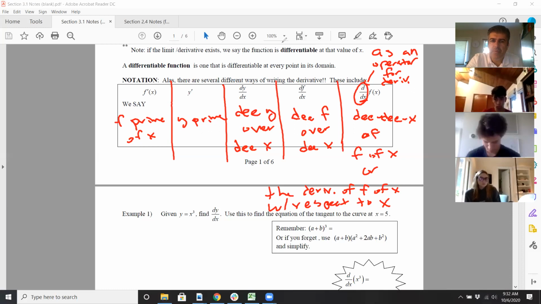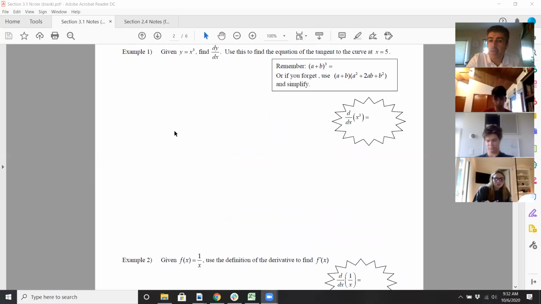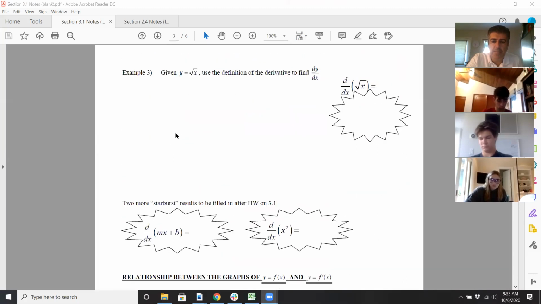Okay, so let's move on. Let's do an example now. We're going to do the same thing that we've done before in 2.4. Actually, 3.1 and 2.4 are almost identical sections. That's why I feel comfortable keeping things moving and not lingering, because it's not necessary. But this will help reinforce a lot of stuff we did in 2.4. Examples 1 and 2 are very, very similar, and we'll do example 3.